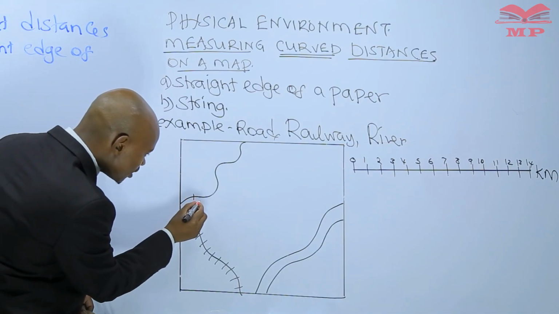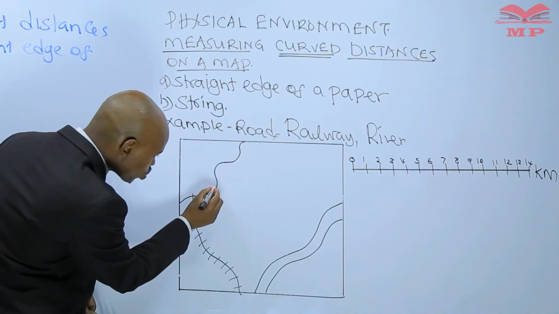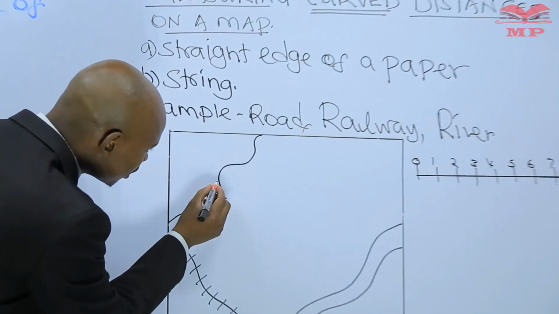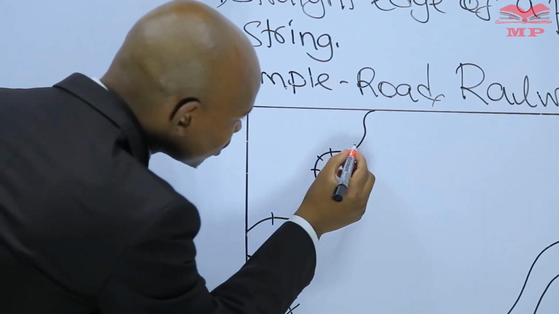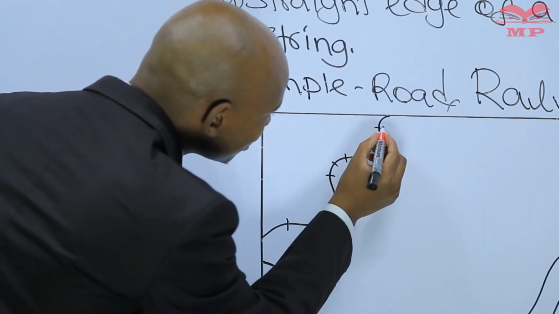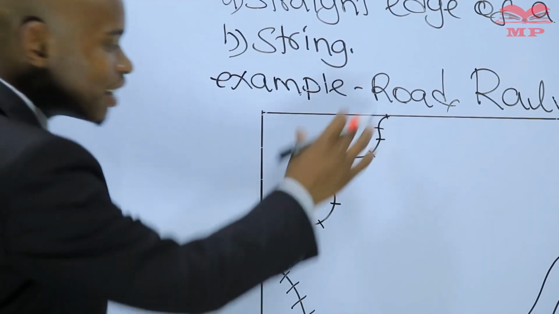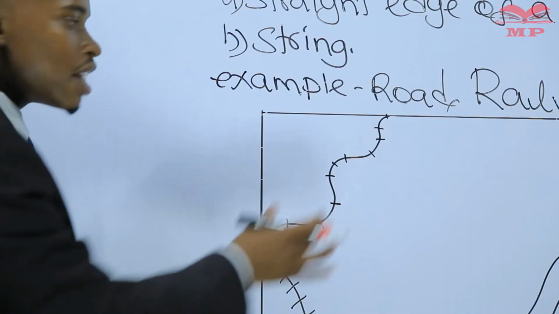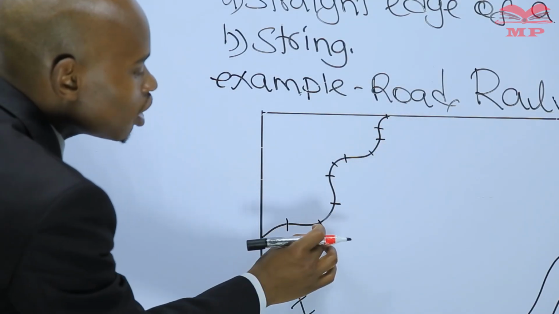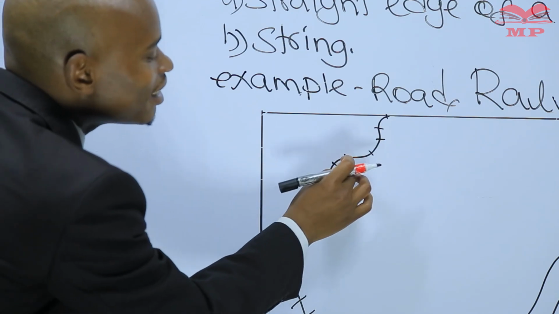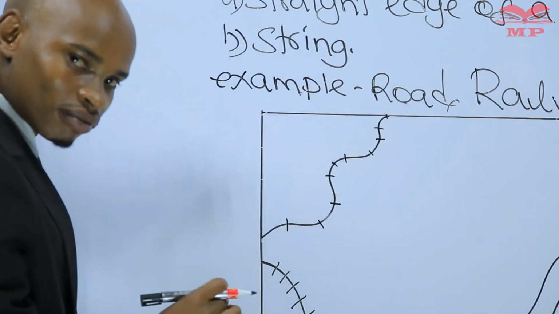So divide this curved distance into small straight distances.